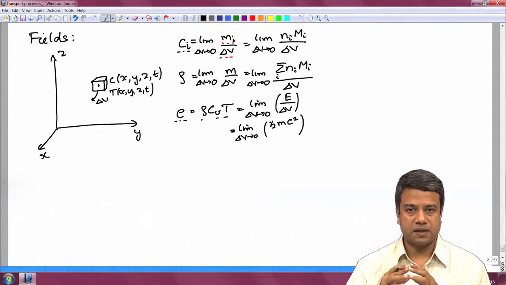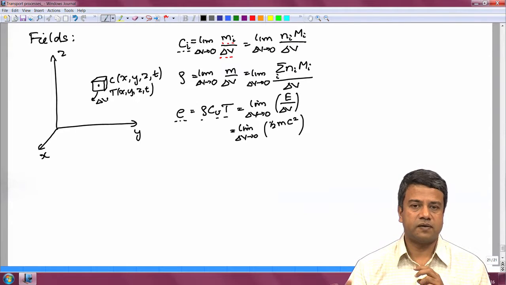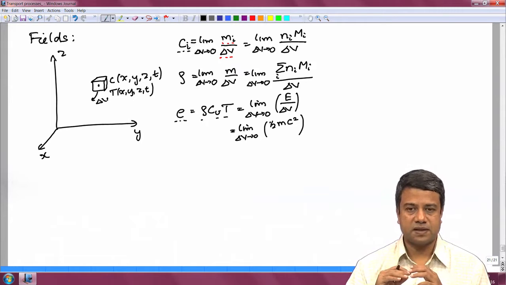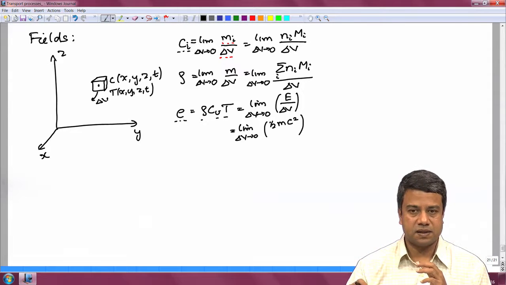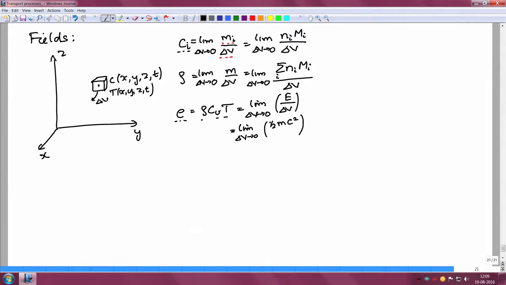And from the internal energy density, you write it as the mass density times Cv times the temperature, and from that you can define what is the temperature field. So, the fundamental variable in this case is actually the internal energy density or the enthalpy density, depending upon whether you are working at constant volume or constant pressure.